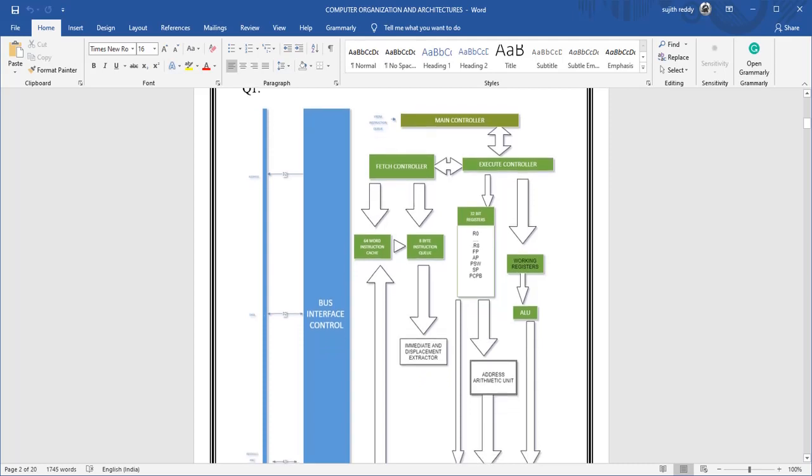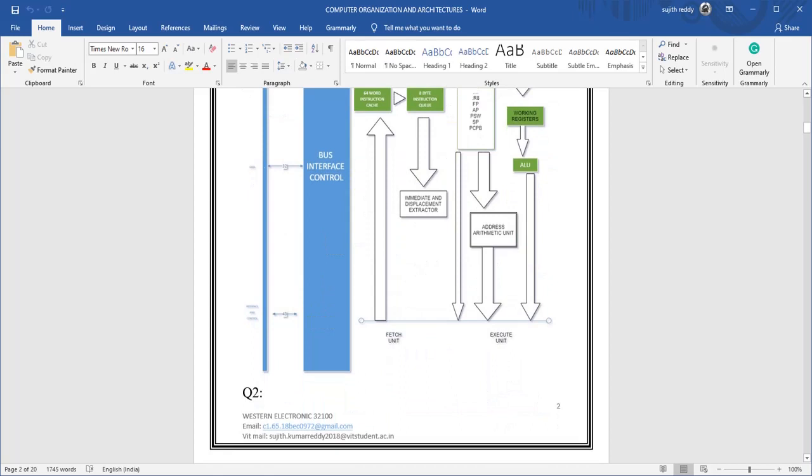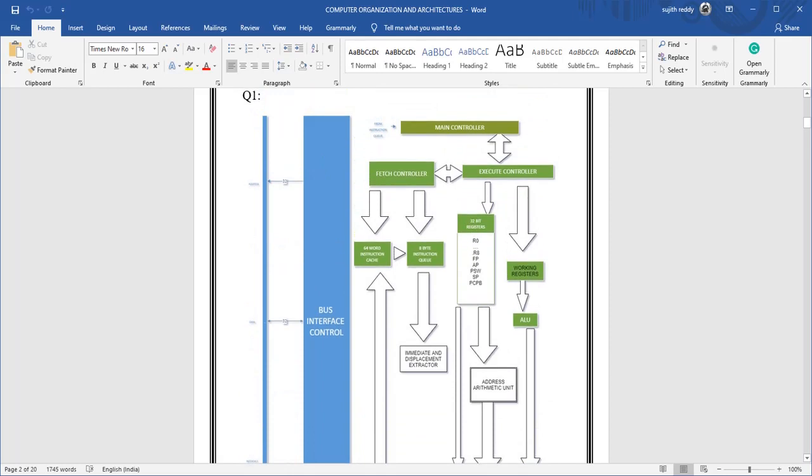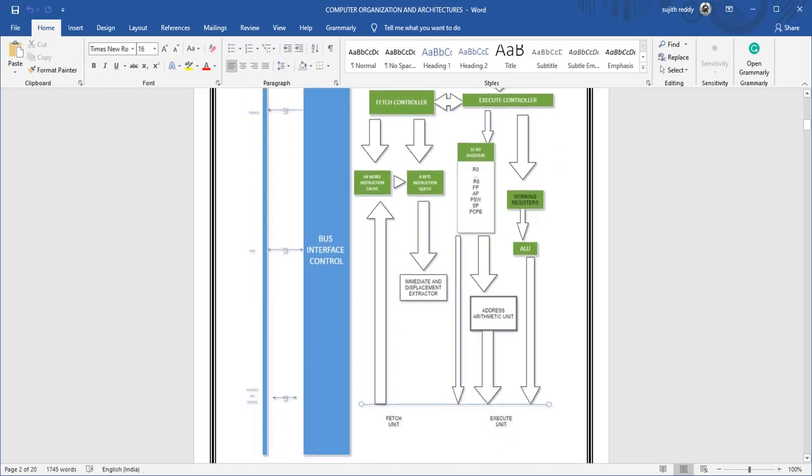The bus interface has a 32-bit interface going for addressing, another 32-bit going for data, and a third for interference and control. These are the internal blocks: microcontroller, executive controller, fetch control, and these work as cache and queue. This is the 32-bit working registers and ALU, and the addressing arithmetic unit. This is how the process works.